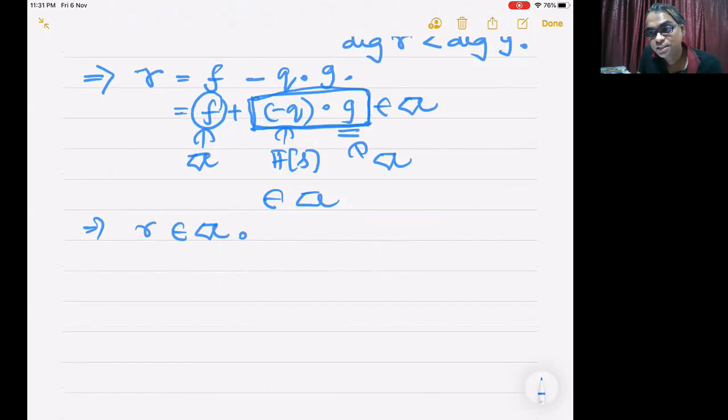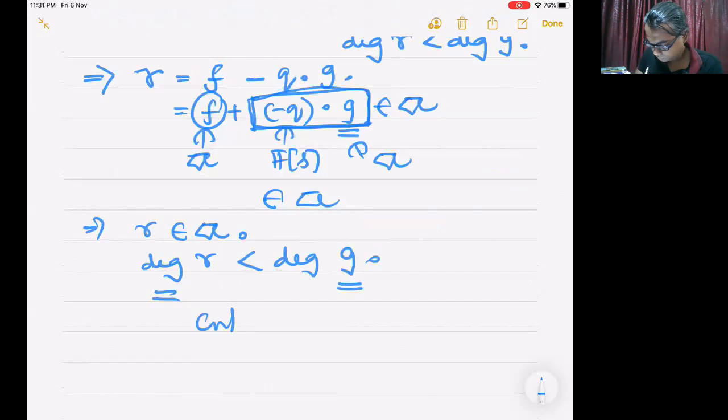But that's a contradiction. Why? R is in the ideal and its degree is strictly less than the degree of G. G is the least degree. So this is contradictory to G having least degree.